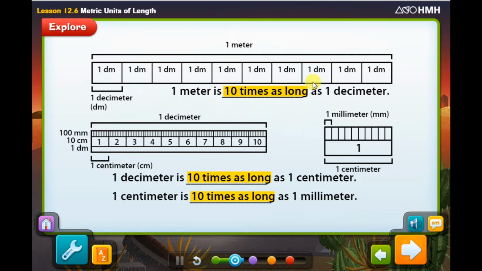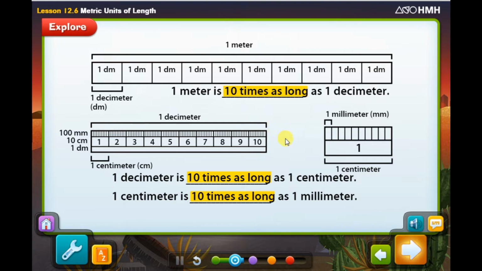Okay? But if you move from the smallest unit to the biggest unit, what should I do? Now you move the inverse. So you will do the opposite of multiplying by 10. You will divide by 10. So if you move from decimeter to meter, you will divide by 10.